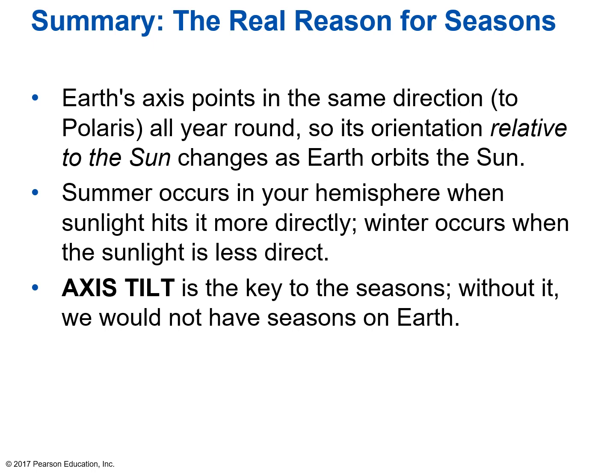So in summary, the real reason for seasons: Earth's axis points in the same direction to Polaris all year round, so its orientation relative to the sun changes as Earth orbits the sun. Summer occurs in your hemisphere when sunlight hits it more directly, and winter occurs when the sunlight hits less directly.